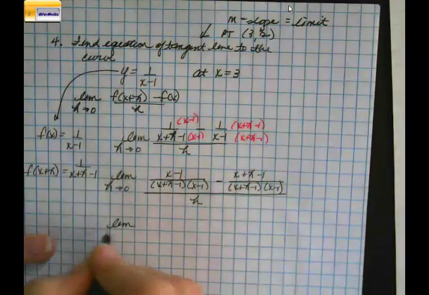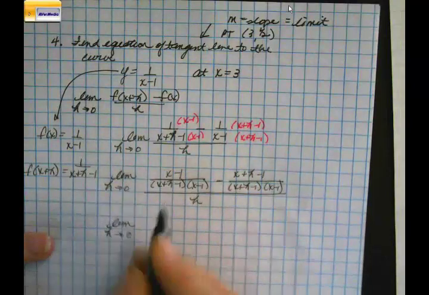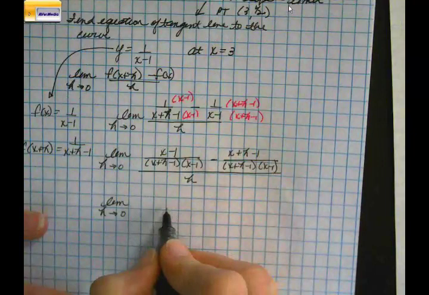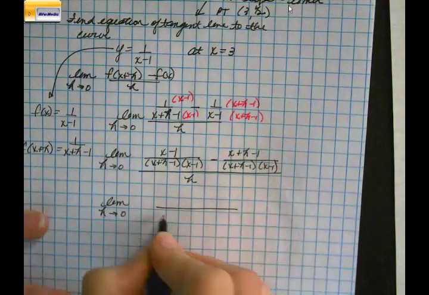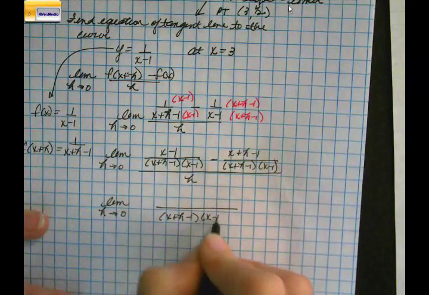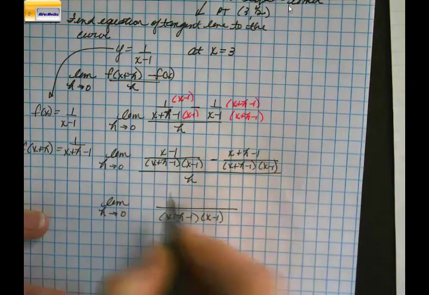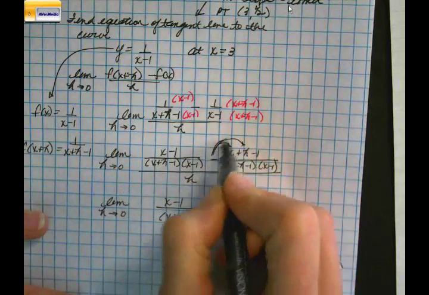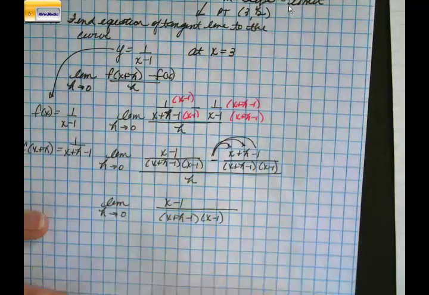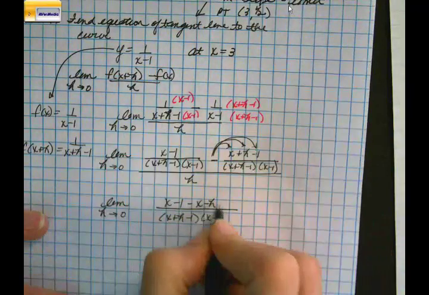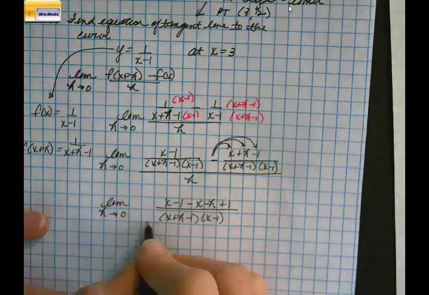So what do we have? This is the limit as h is approaching 0 of x plus h minus 1 times x minus 1. And this will be x minus 1 minus x minus h plus 1. When you distribute the subtraction, this is going to become minus x minus h plus 1.